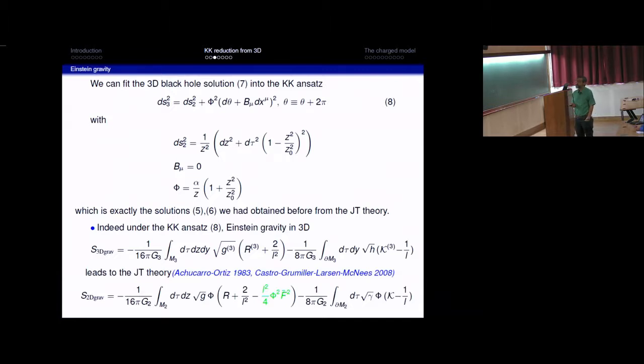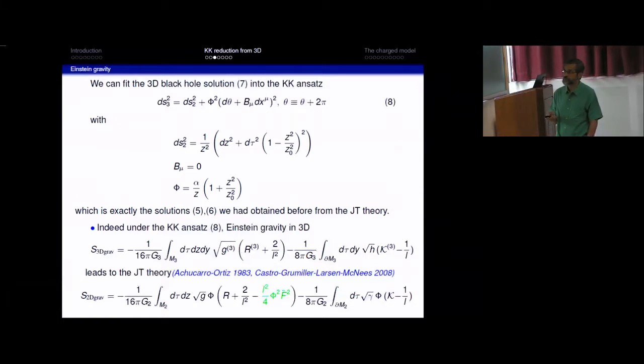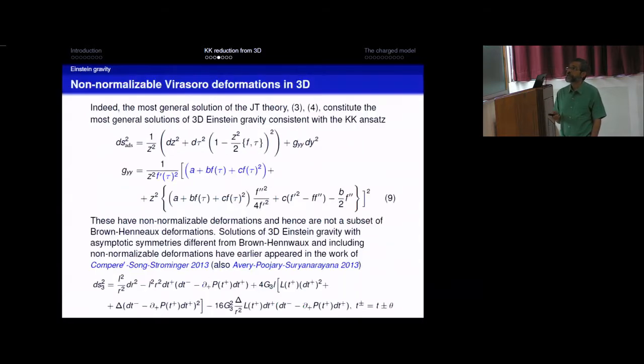Note that this is the Jackiw-Teitelboim term with the boundary term here, and indeed the most general solutions of the JT theory constitute the most general solutions of 3D Einstein gravity consistent with the Kaluza-Klein ansatz.